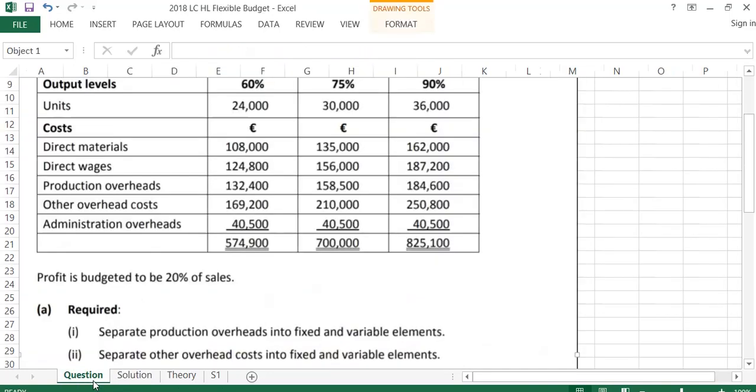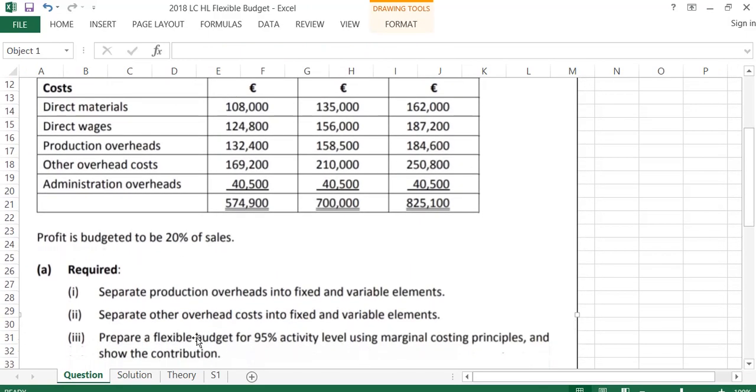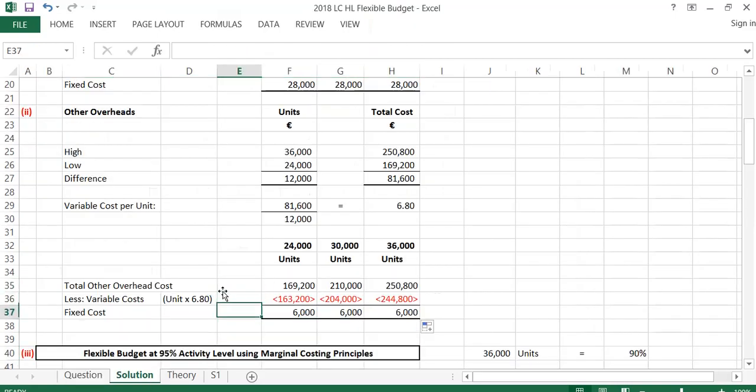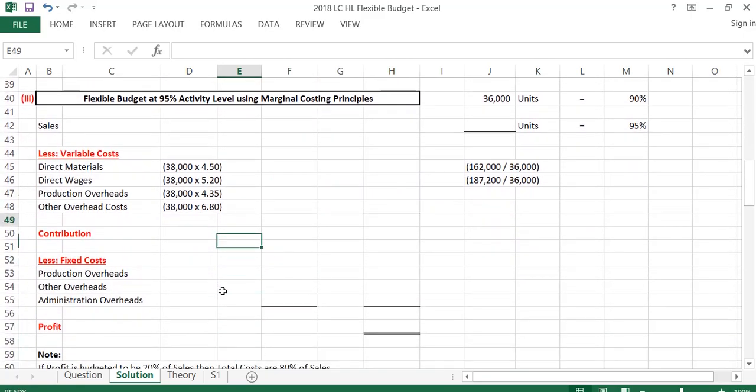The next part of the question is part 3. It says provide a flexible budget for 95% activity level using marginal costing principles and show the contribution. So we have to do out a flexible budget for 95% activity level. The first thing we have to do here is work out the number of units.